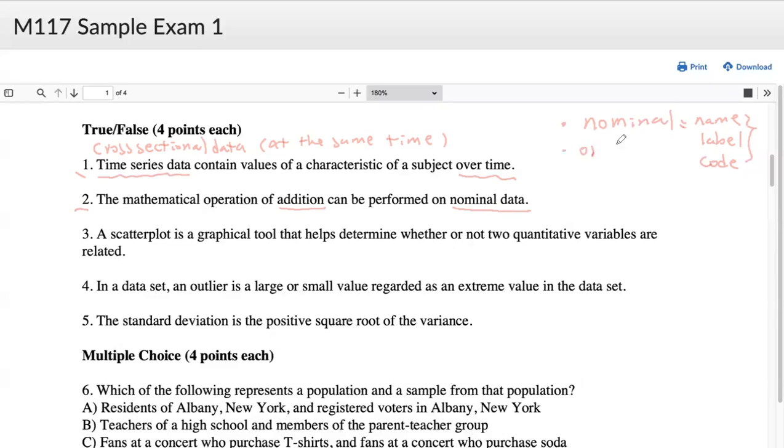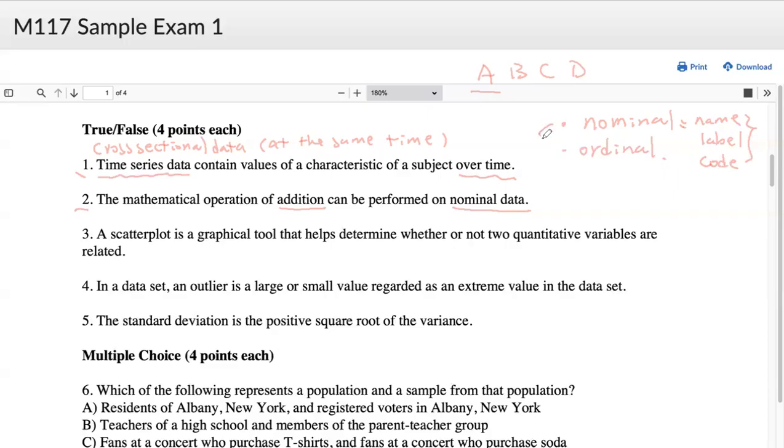The second one is ordinal, which you can put in order, like ranks. Each restaurant has ranks from A to B to C to D. So each restaurant with a name now has a rank, and ranks have order. A is better than B, B is better than C, C is better than D. So this is ordinal data, with a name, a label, a code, but also with order.